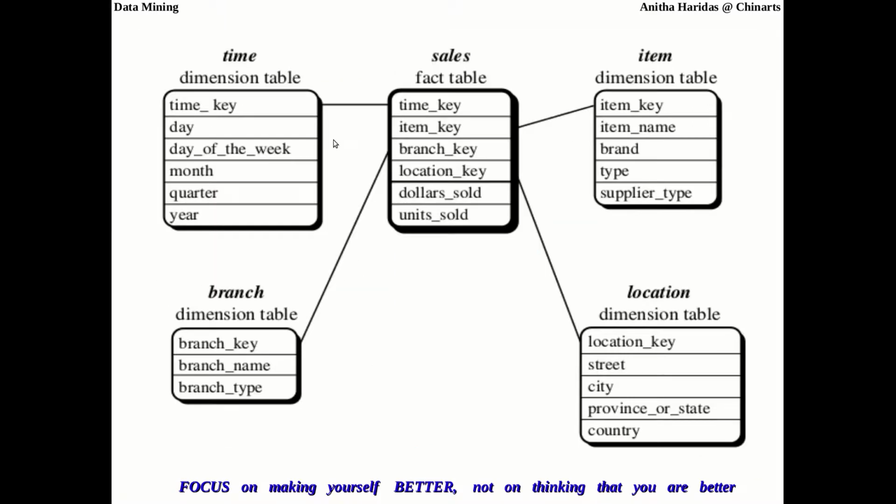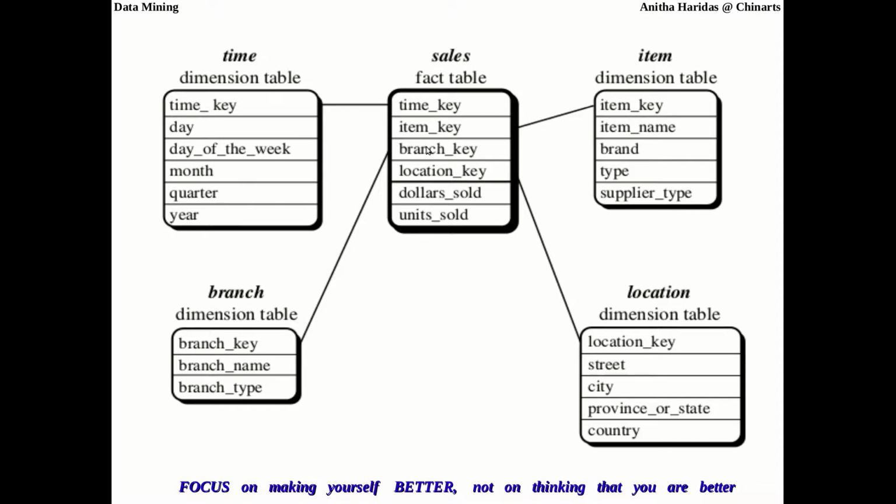So we have time key, which is the primary key of the dimension table called time. Item key is the foreign key, which is the primary key in the item dimension table. Branch key is the foreign key, which is the primary key in the branch dimension table. Location key is the foreign key, which is the primary key in the location dimension table.